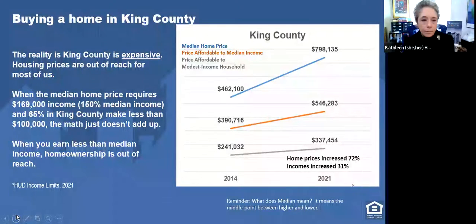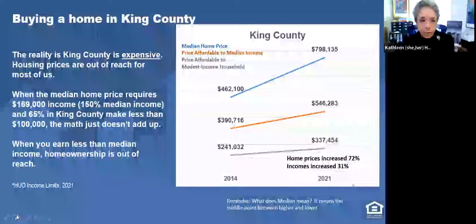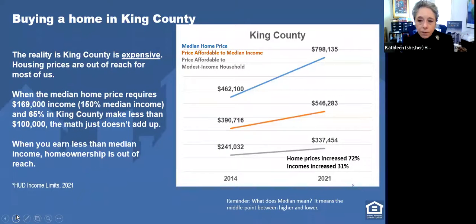The numbers that you see on the screen are as of the end of year 2021. They show that between 2014 and 2021, home prices increased 72% and income theoretically increased 31%.